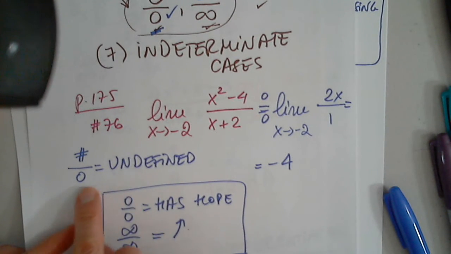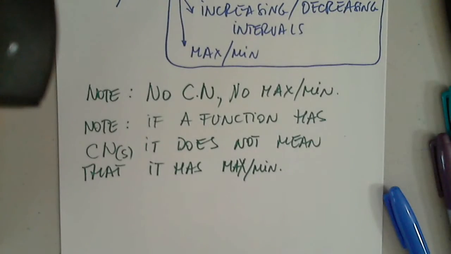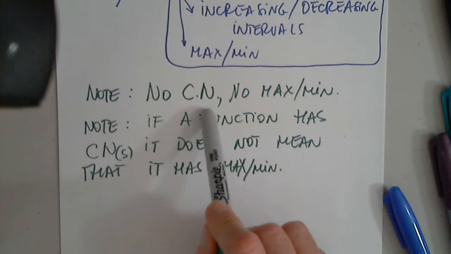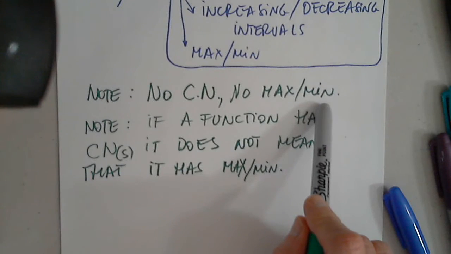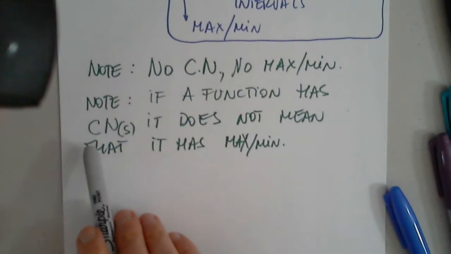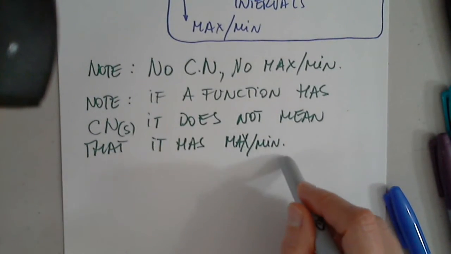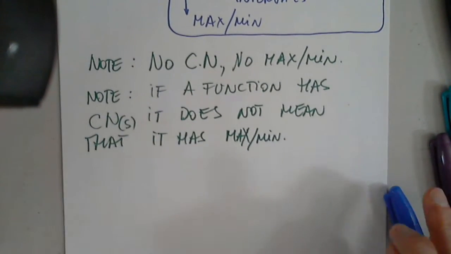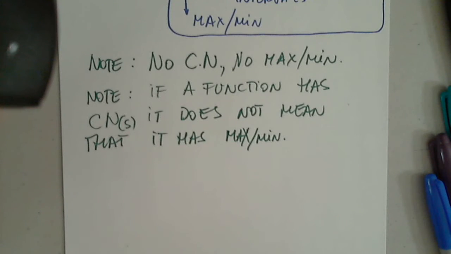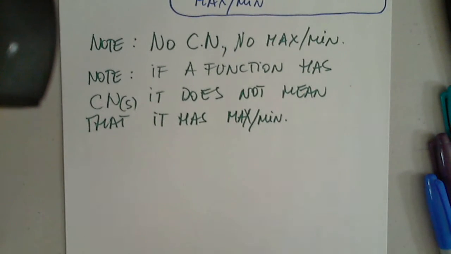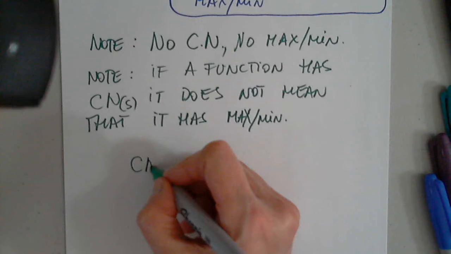That's dead. It will never have a limit. So here I'm saying if there is no critical number, guaranteed no max min for a function. But if a function has a critical number or critical numbers, it does not mean that it has a max-min. Something else has to happen. There is no guarantee.